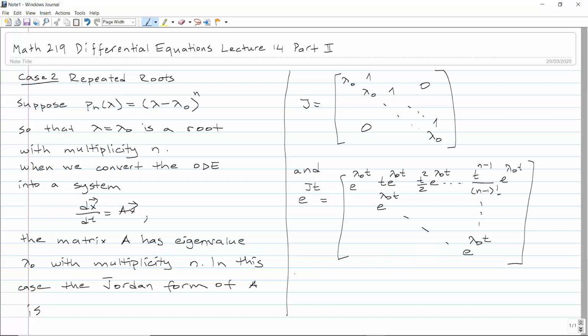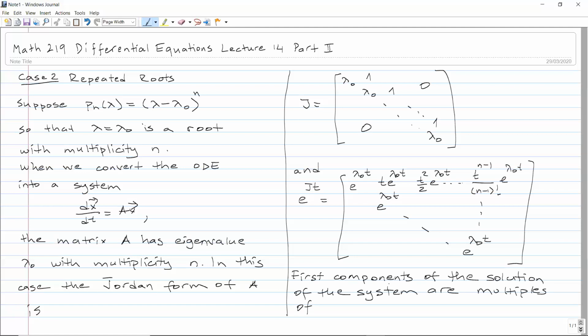So the first components of the solutions of the system are some multiple, when we look at the first component, it means we look at the first row of the matrix exponential.